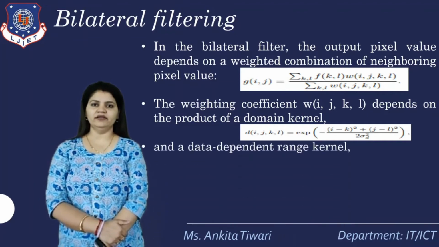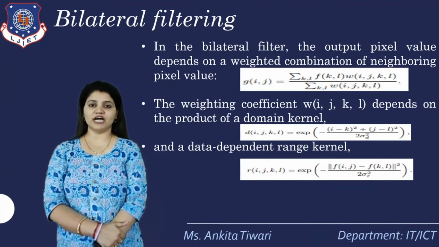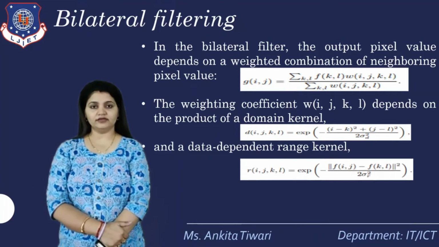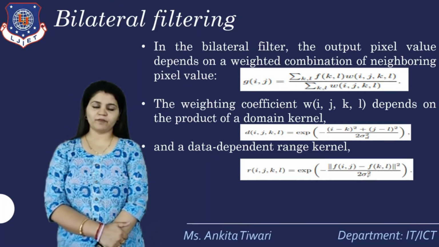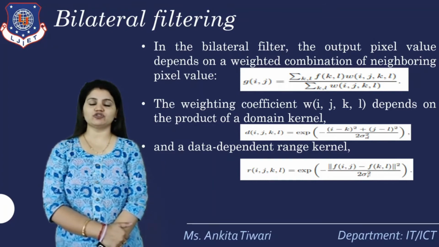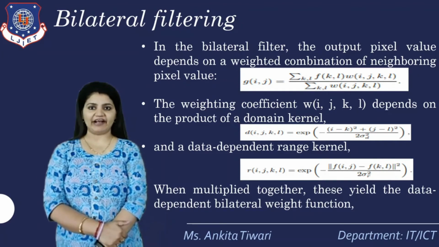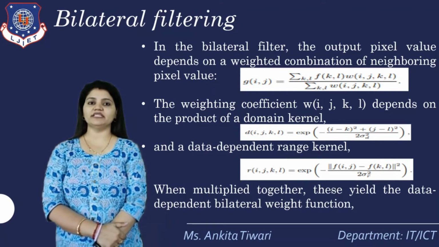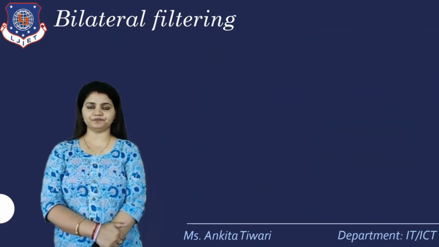With respect to that, the data-dependent range kernel, we can say, is r(i,j,k,l) equal to exp of minus the squared difference of f(i,j) minus f(k,l), divided by 2 sigma_r squared. So these are the two kernels that we have, and when multiplied together these yield the data-dependent bilateral weight function.